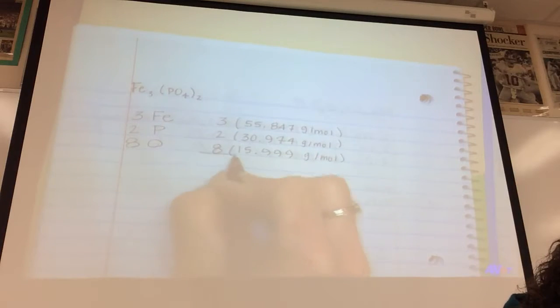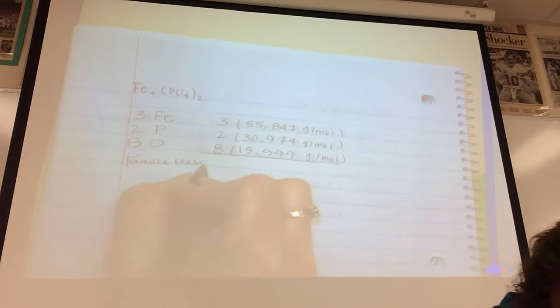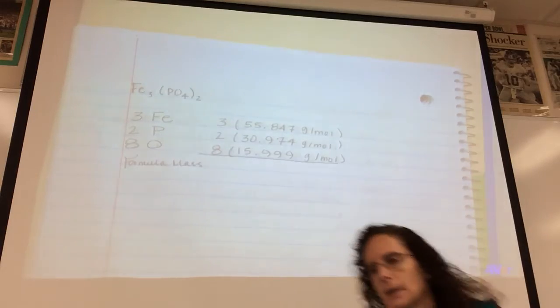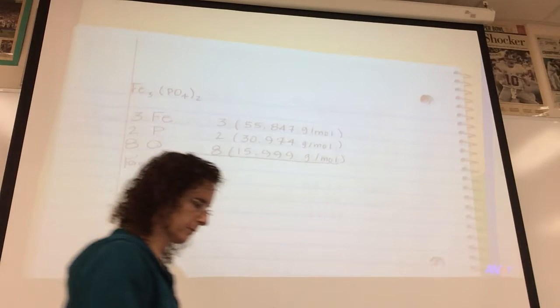Now to get the formula mass, in our calculators, you're not going to have to do this in your heads. So you can take out your calculator. Does anybody need one? You're good? Okay.